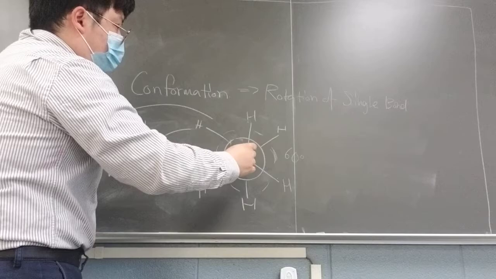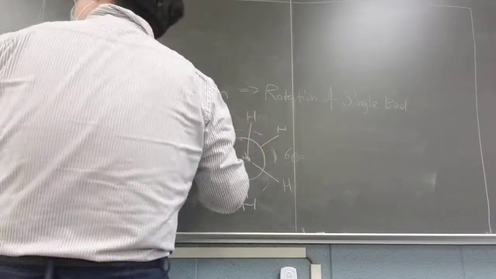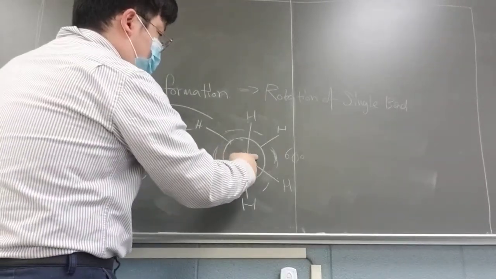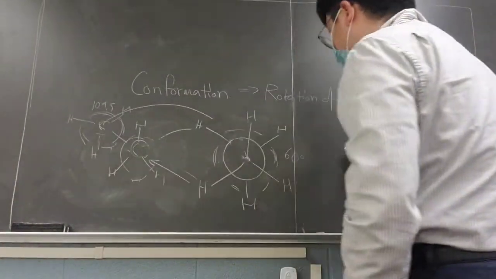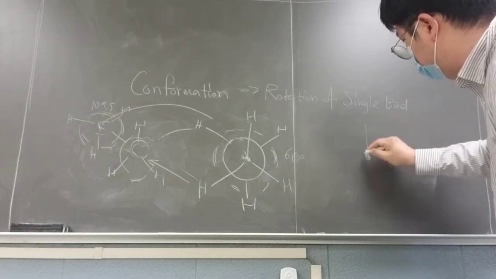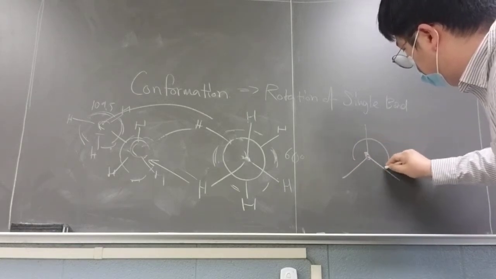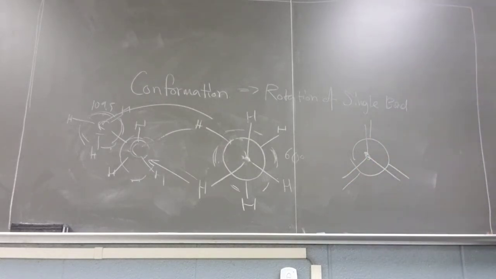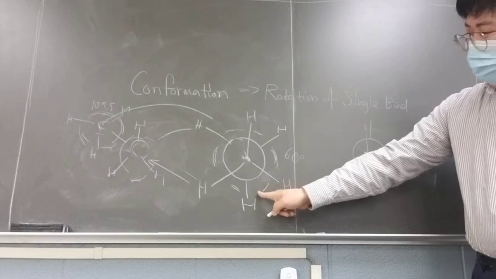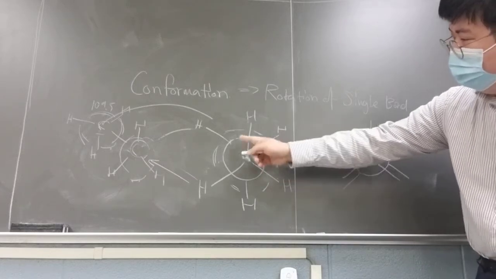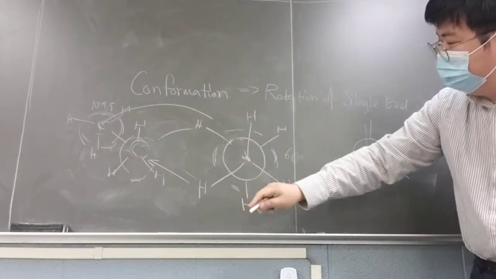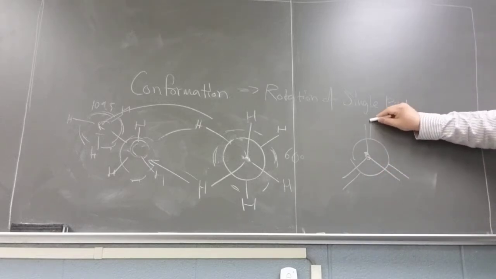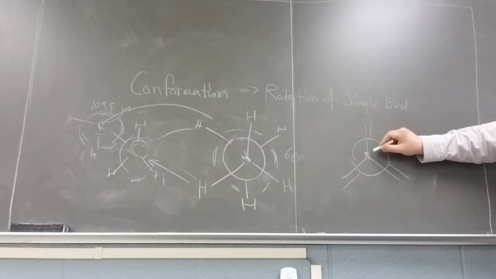So if that is the case, we're going to have this form here, okay? We can have another form here. It looks like this. So you see, they're not nicely spread out with similar bond angles, but this one is almost aligned with each carbon-hydrogen bond.